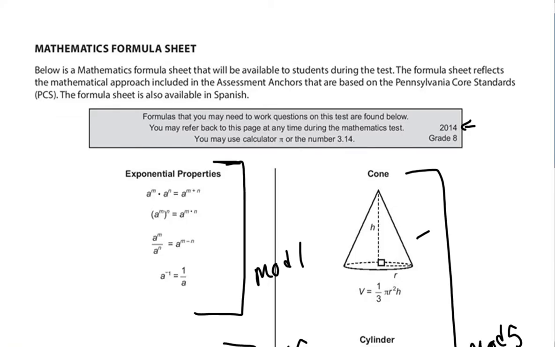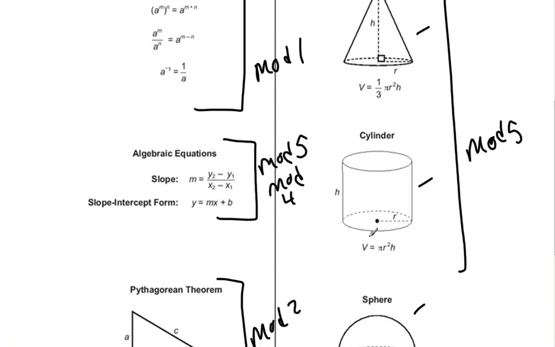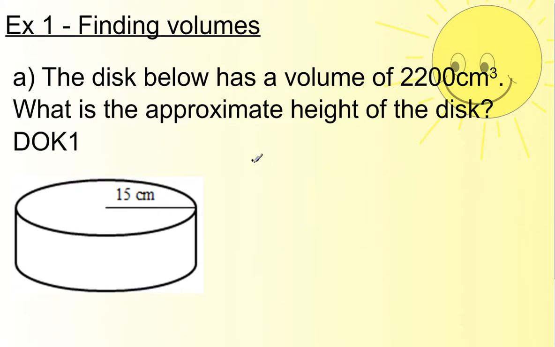So we're going to look at the formula sheet, find the formula for cylinder, and write that down. V equals pi r squared h. Once you have your formula, so step 1, write formula.